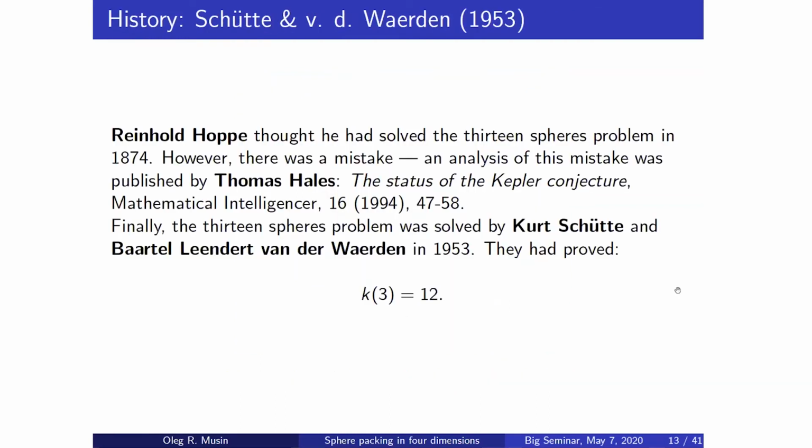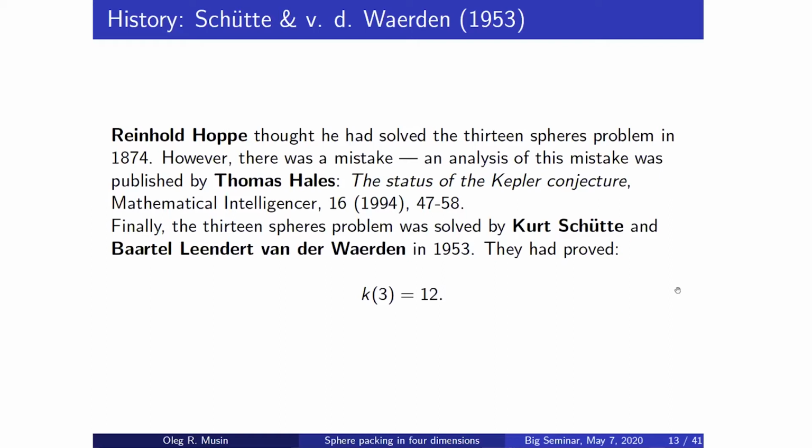Okay, let us return to the kissing number. First, actually, there are many proofs, even some of them were published. For instance, Hoppe published a solution of the kissing number problem, that the kissing number in dimension 3 is 12.